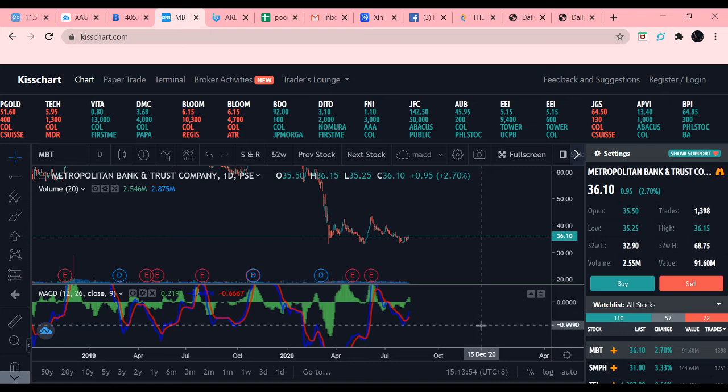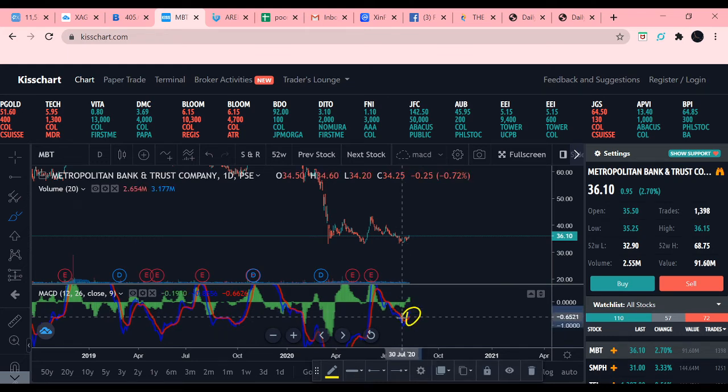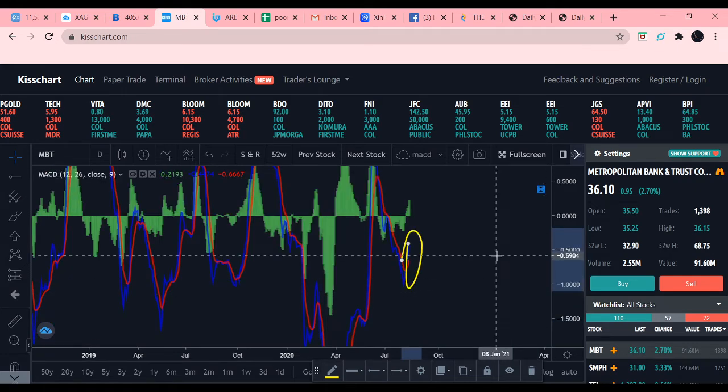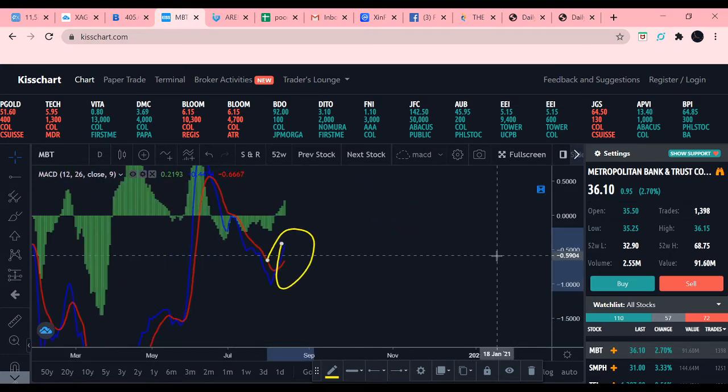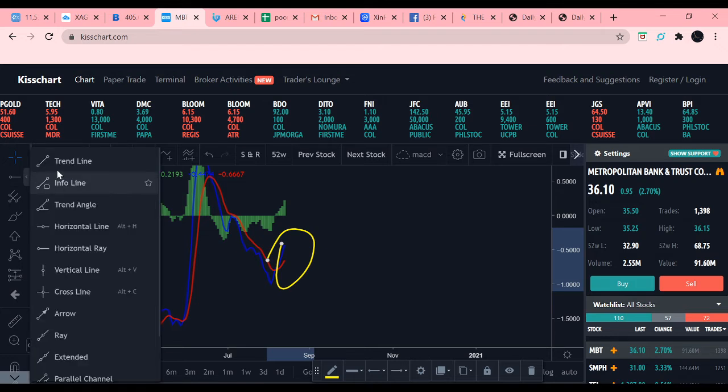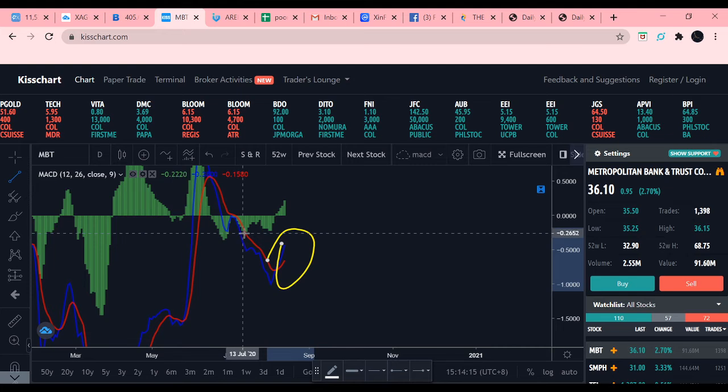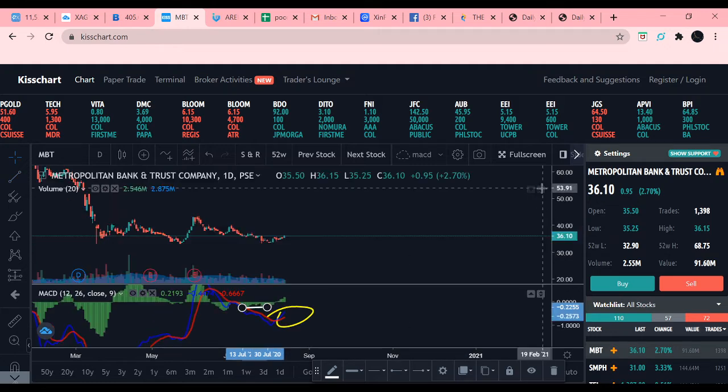But as you can see, meron siya actually crossovers at this area. And aside from that, meron kang big to small. Check natin, ha? Yun, meron kang big to small. Big to small, and it's going down.